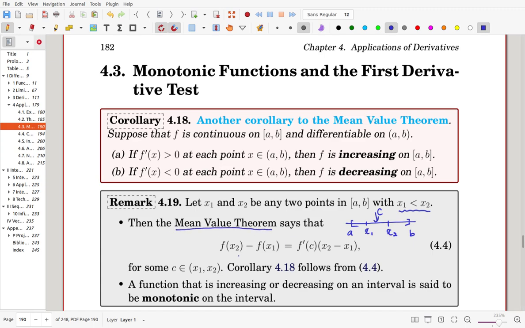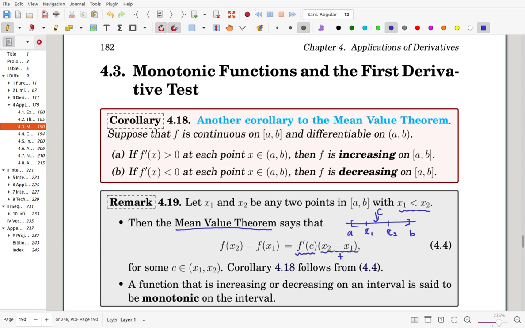Now the denominator is multiplied to become the right-hand side factor, and then we can see this equation. Here x2 minus x1 is positive, and f prime at c is positive for every value.